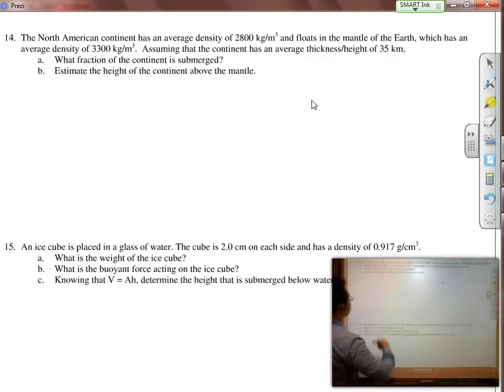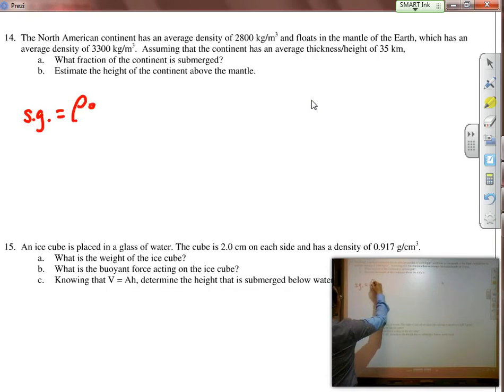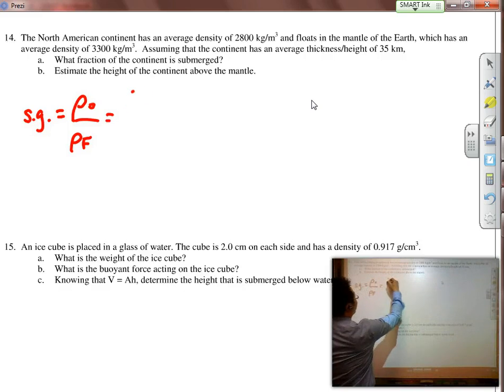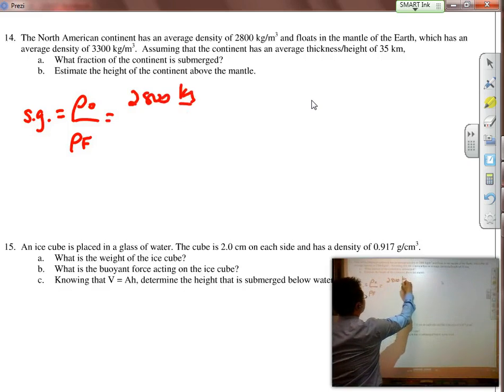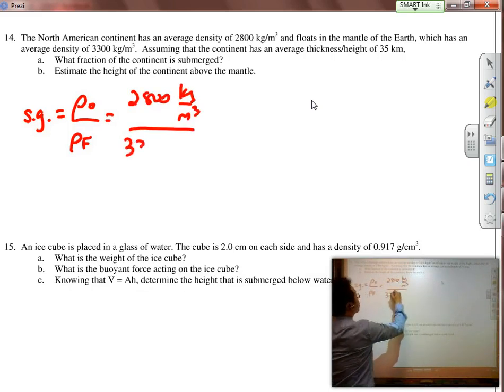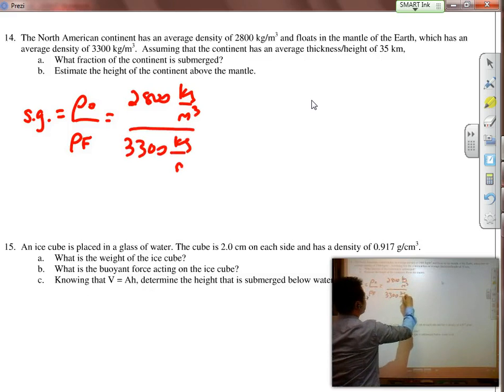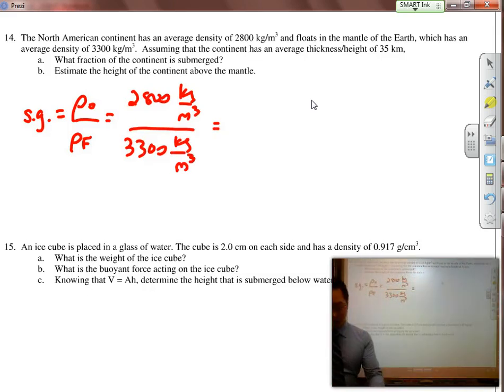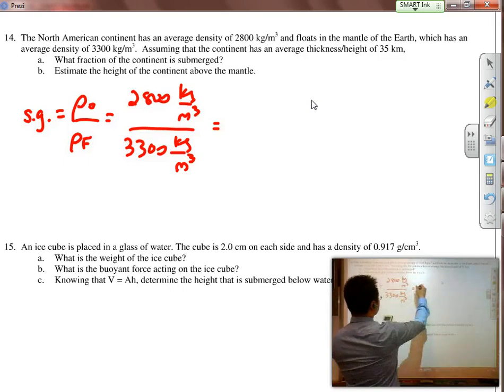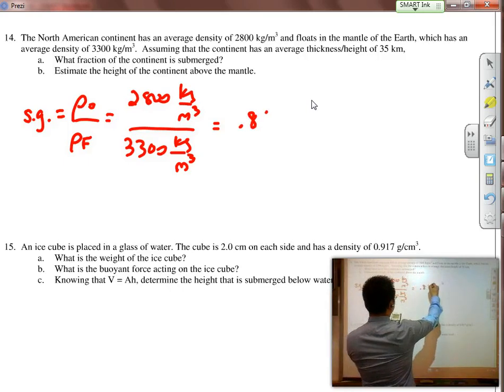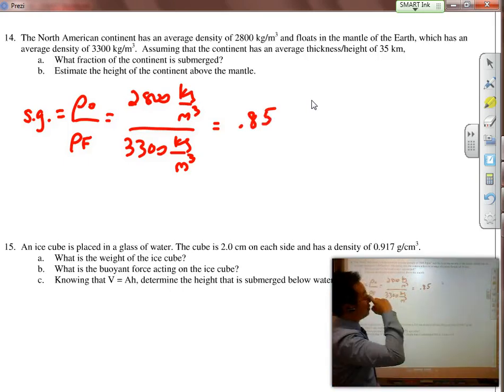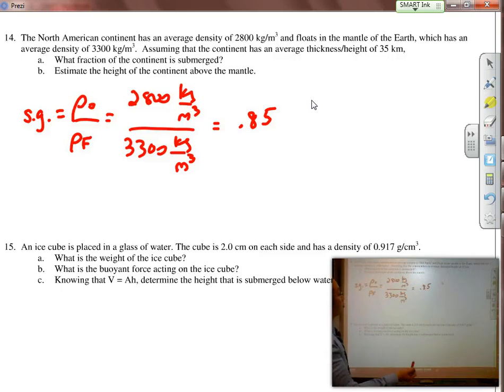So in this case, again, we can use specific gravity, density of the object over density of the fluid, and we will have 2,800 divided by 3,300, which would give me an answer of 0.85, which means that's 85% submerged.